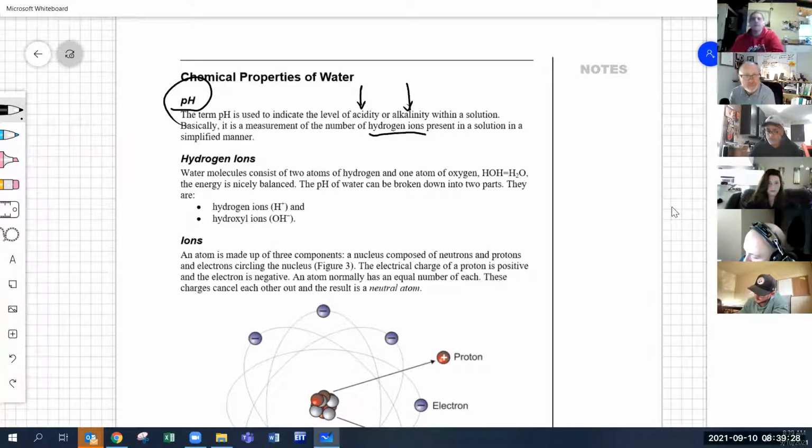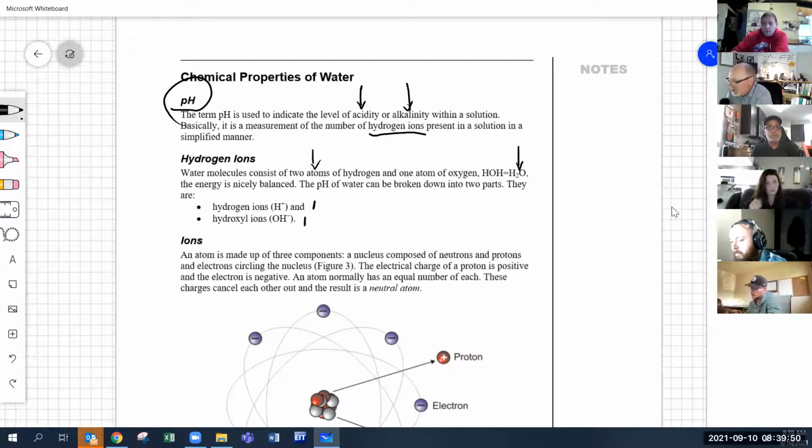Now, it says that water molecules consist of 2 atoms of hydrogen and 1 of oxygen. We know that, H2O. But the pH of water can be broken down into a couple of parts: hydrogen ions and hydroxyl ions. And this is where we get these little extra hydrogen ions flying around.